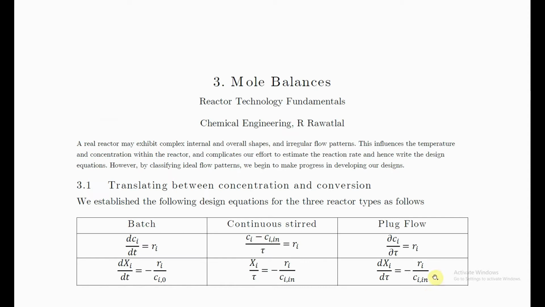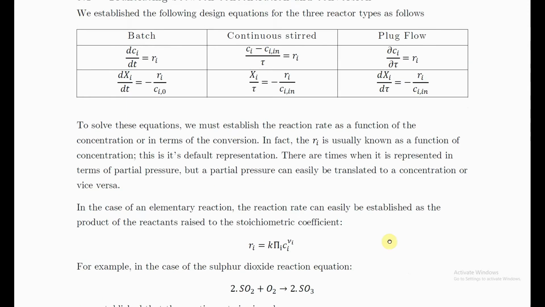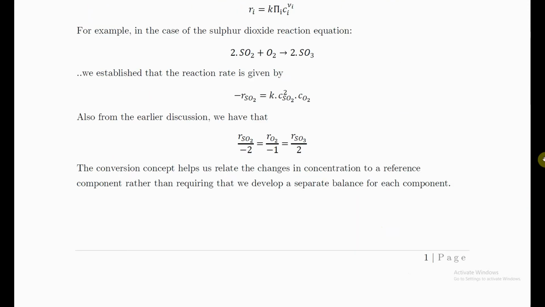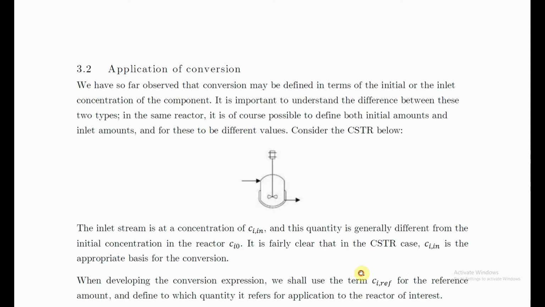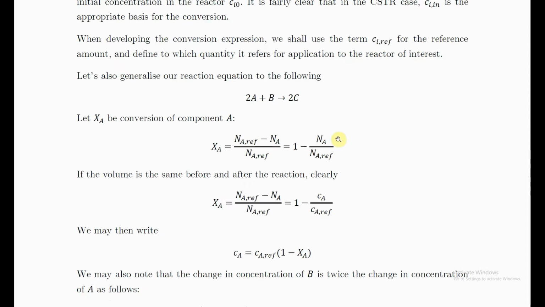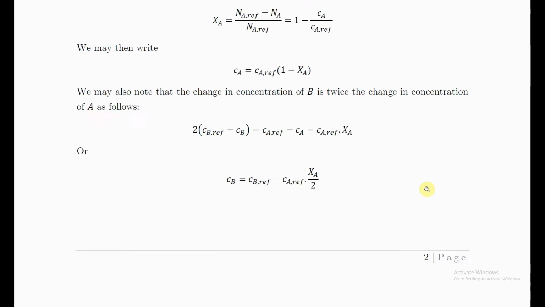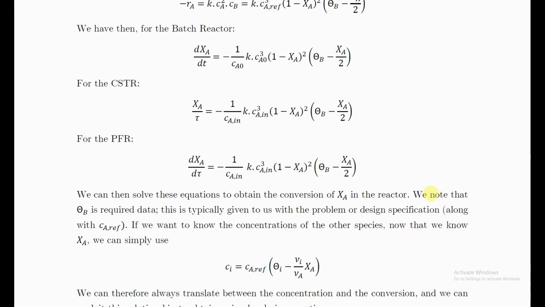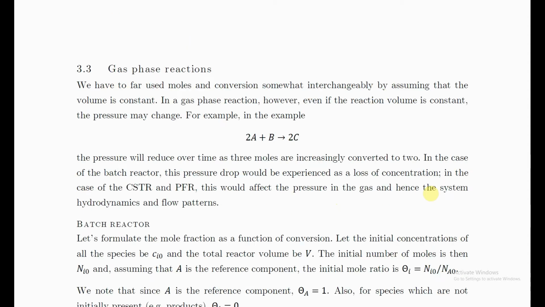We said, oh yeah, if the volume can be taken as approximately constant, then we can simply just go ahead and divide the number of moles by volume, and then we can just rewrite it in terms of concentration. Now, that is sometimes true, but often in engineering problems, it turns out not to be true.